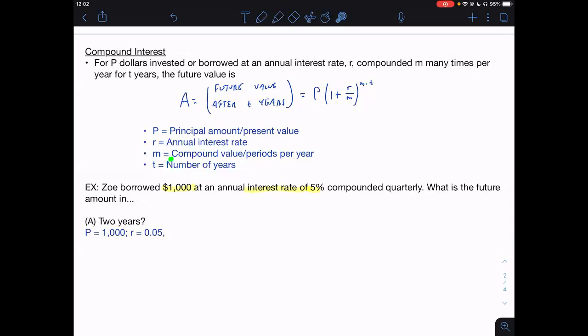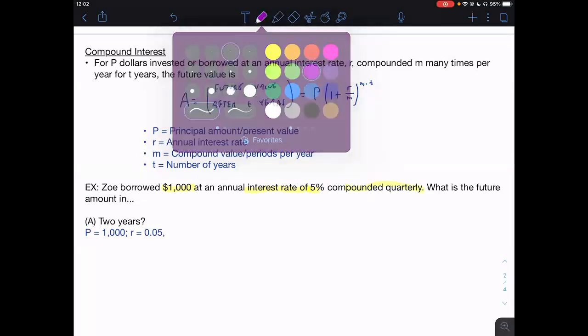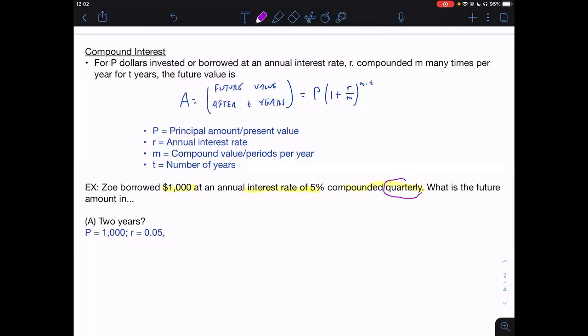Now, M is how many times this interest is going to be broken up per year. And it's telling us that the interest rate is going to be compounded quarterly. What does quarterly mean? How many quarters do we have in a full year? 4.